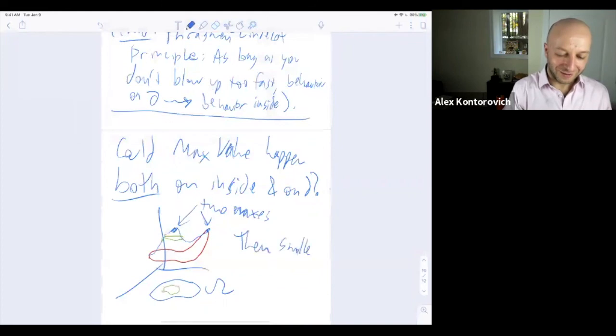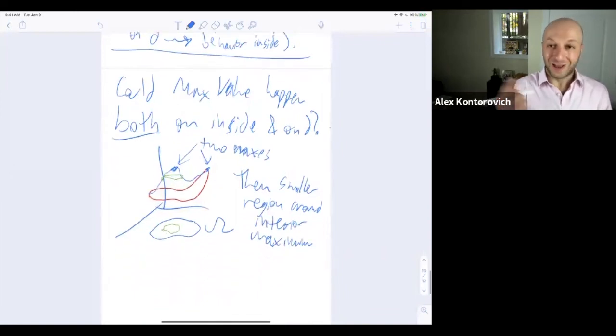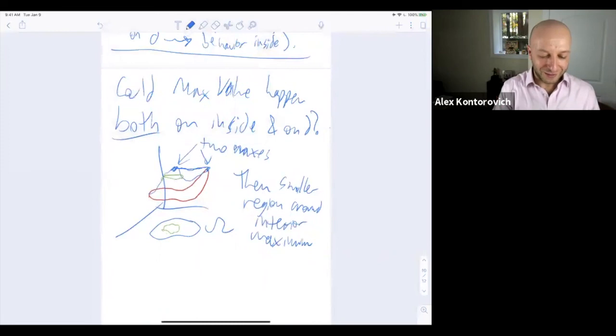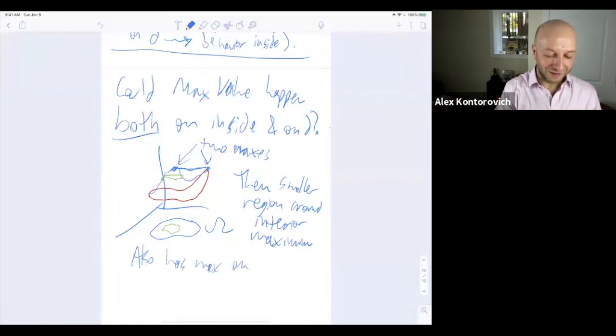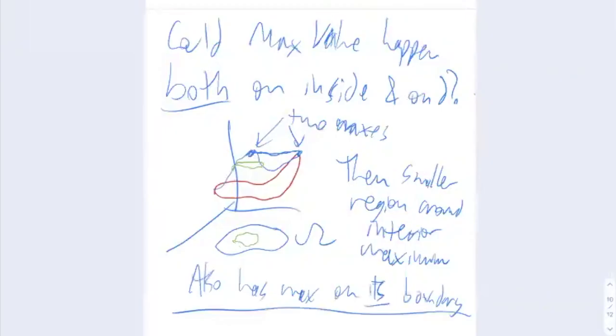In fact, any smaller region around this interior maximum needs to have the same maximum. And so you would have an entire ridge. And if you have a ridge, then the thing is constant. So that certainly can happen if the function is constant. Then the smaller region around the interior maximum also has max on its boundary. Okay, so the maximum cannot be in the interior. All right. Good.